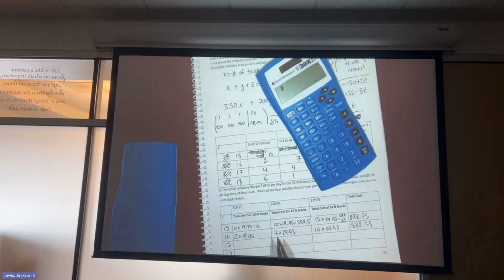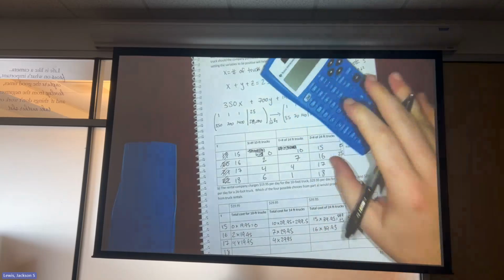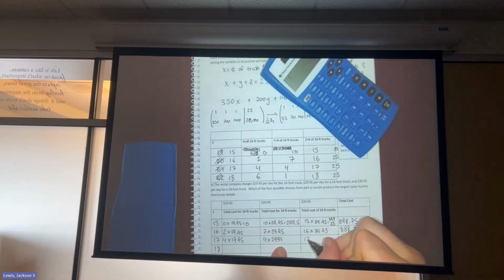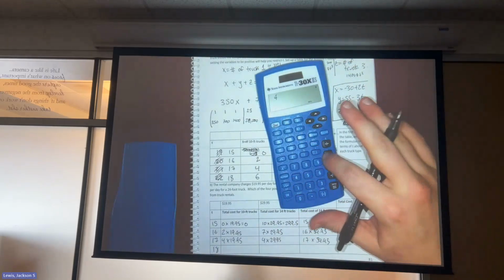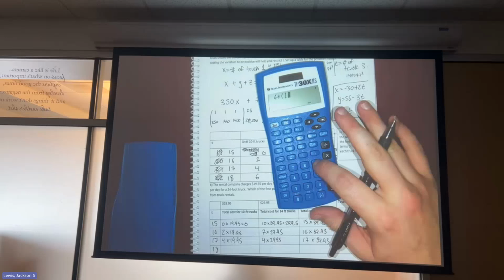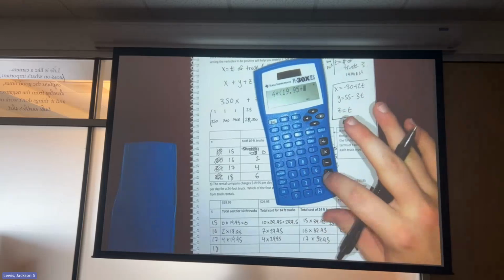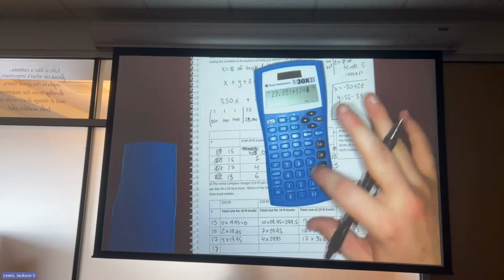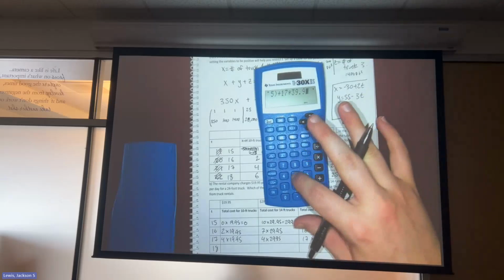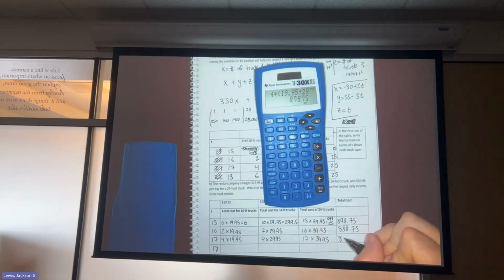And then this is 4 times 19.95, 4 times 29.95, and 17 times 39.95. So 4 times, I'm going to combine the next two in one step because they're both multiplied by 4, plus 17 times 39.95 gives me 878.75.